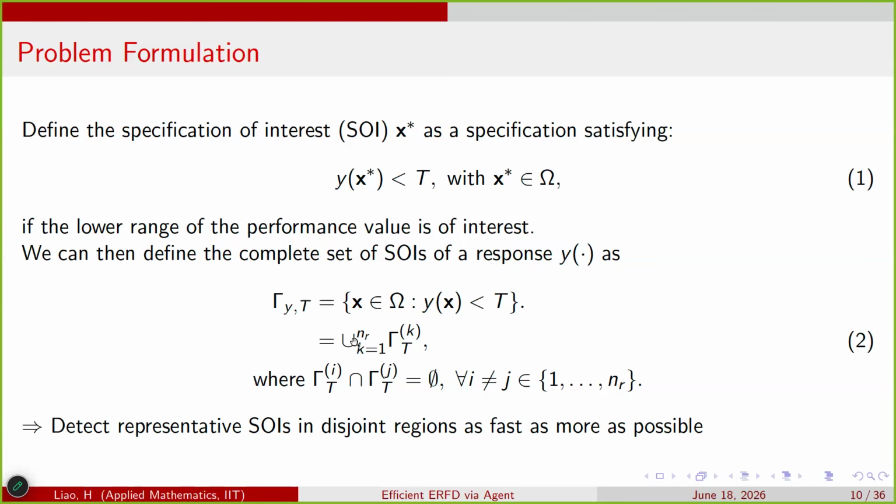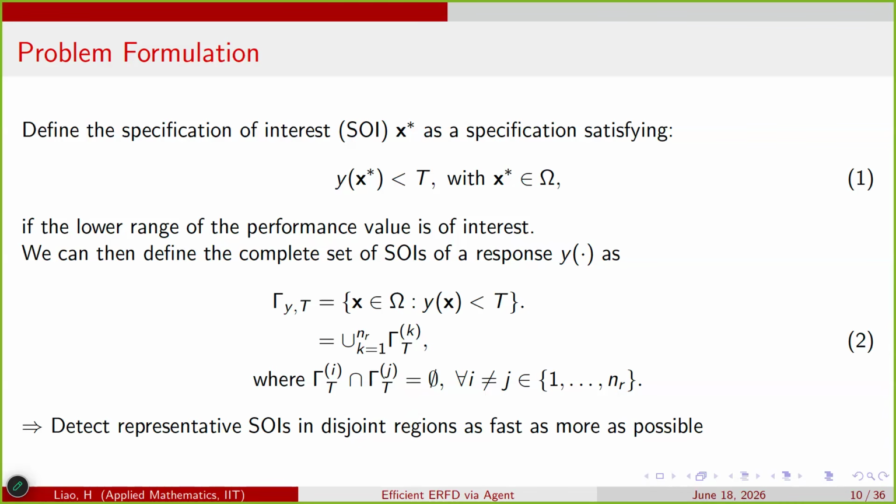So given this setting, because we don't have enough evaluations, we don't have enough budget to actually recover the exact boundaries or the sets. Instead, what we are trying to do here is detect representative X. And ideally, they can represent the regions, like the convex hull of these disjoint regions, or we use the surrogate model we built for the space to represent the regions.